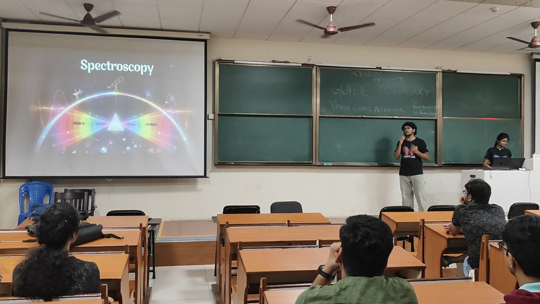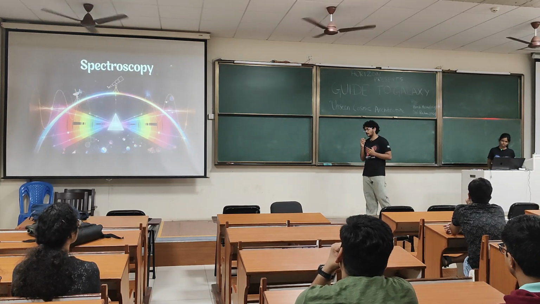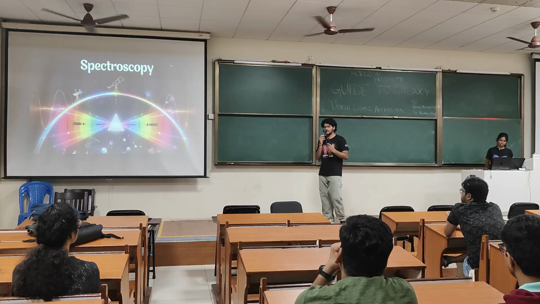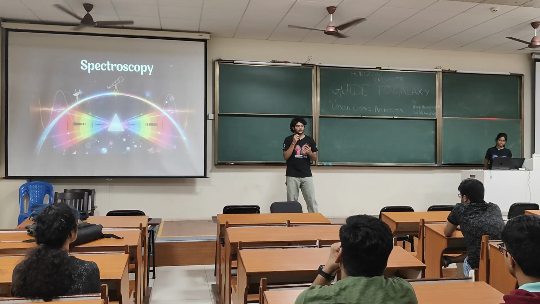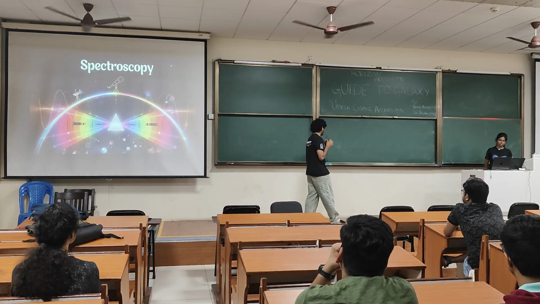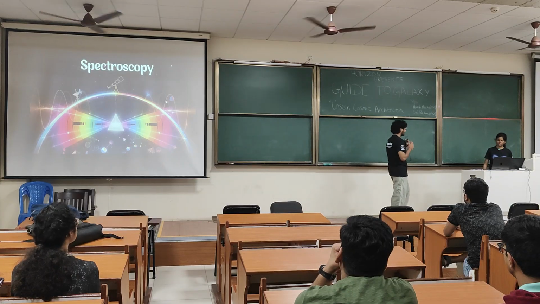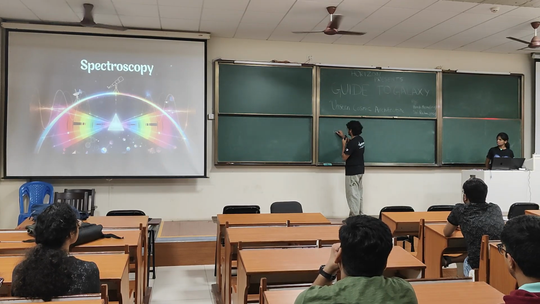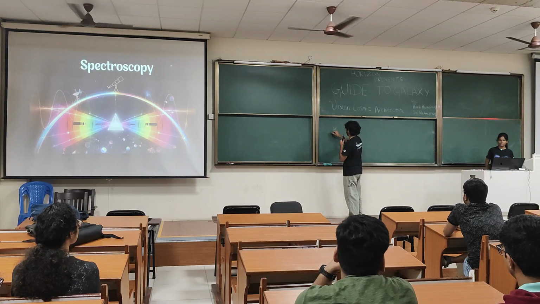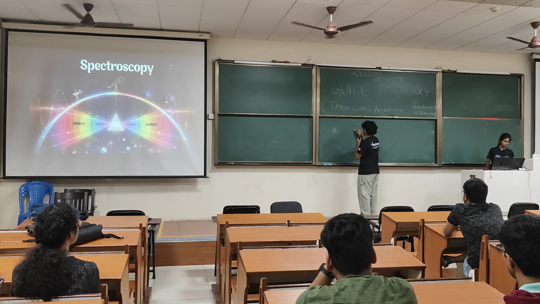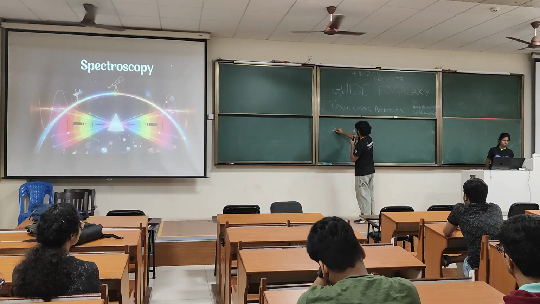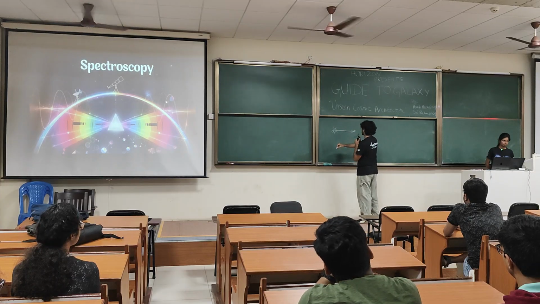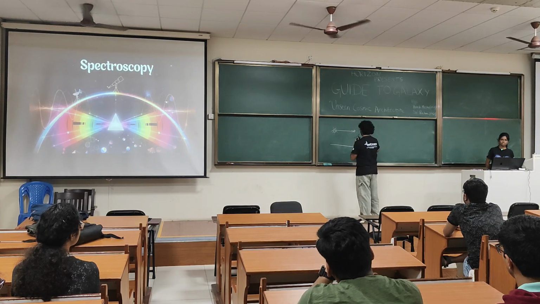So the first way would be spectroscopy. I mean, it's not a way, it's more like a foundation. So what spectroscopy actually is, I'll use the board. Okay, let's say there's some light source here, and there is one element here. When light comes to the element, it has every wavelength possible.